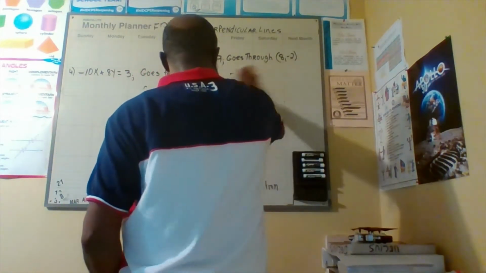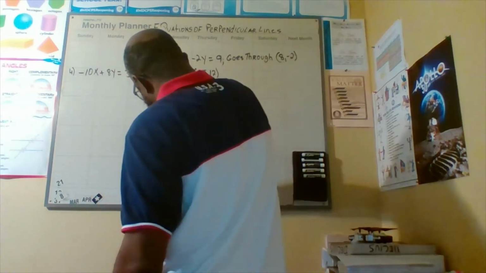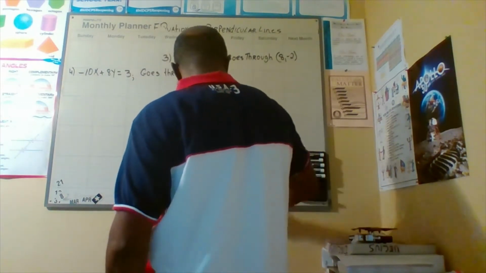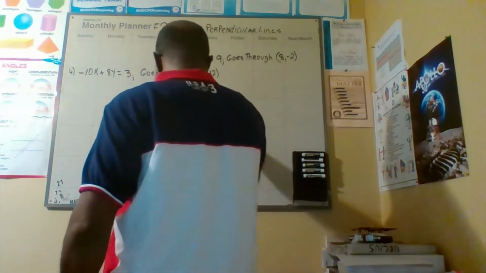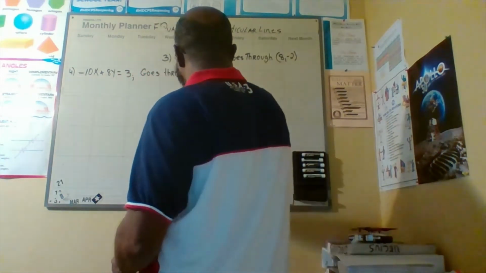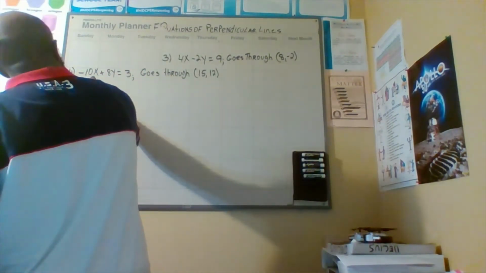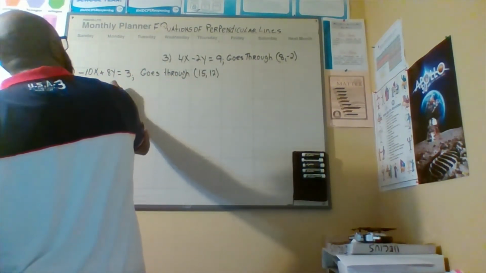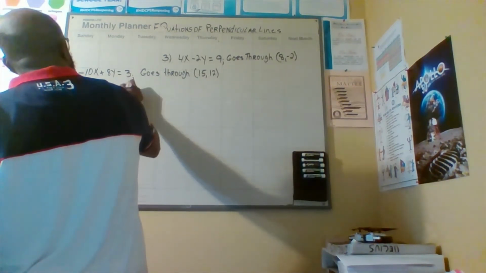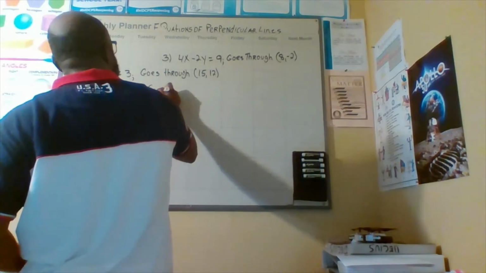Now the other question, you have 4x minus 2y is equal to 9, and the point goes through (8, -2). So your equation is in standard form. We're going to solve for y. Since we want y to be positive, we add 2y on this side.